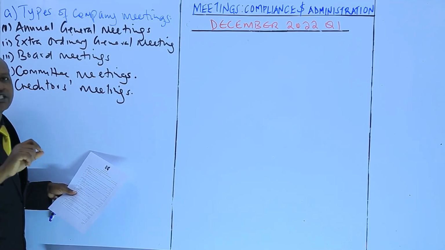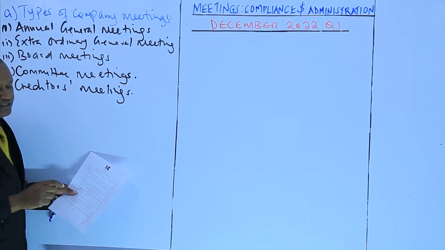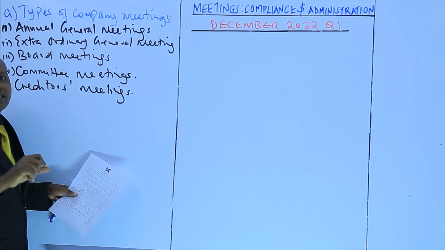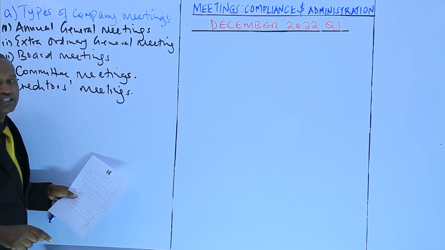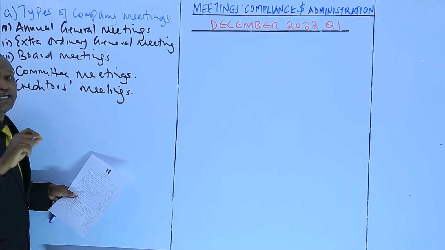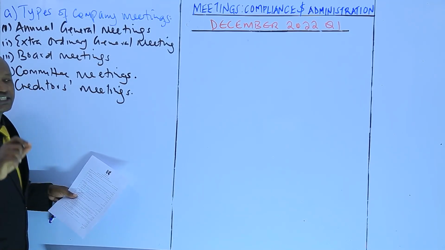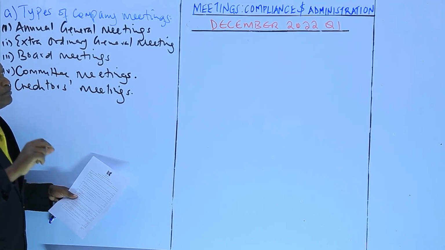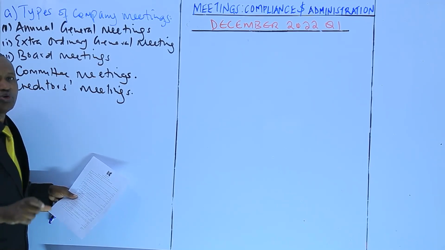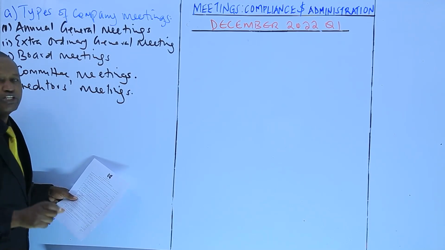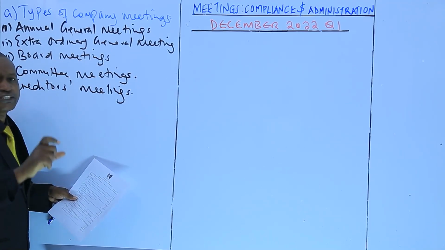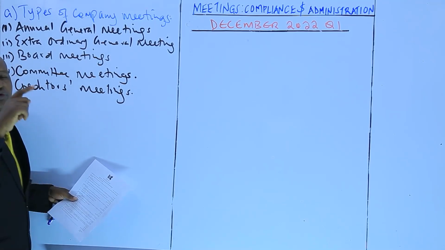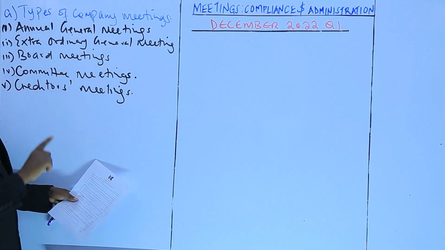It is a statutory meeting, meaning that it is a meeting that is mandatory. It is a meeting that is sanctioned by a statute. Like in Kenya, the Companies Act stipulates that public companies must hold an annual general meeting once a year. Annual means annually, every year. So this is one type of a company meeting.